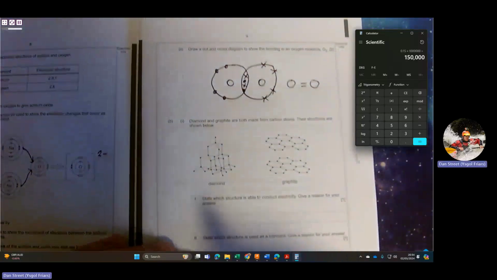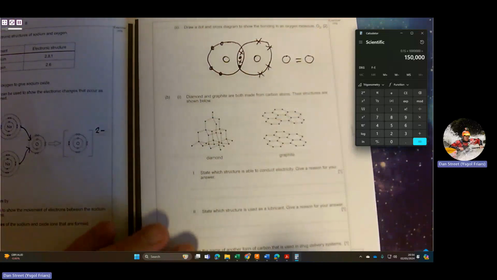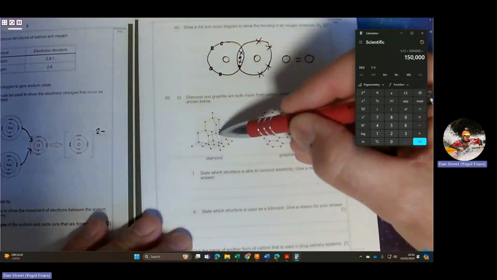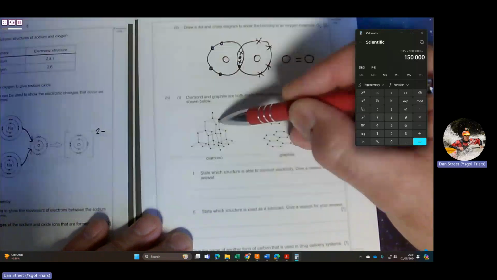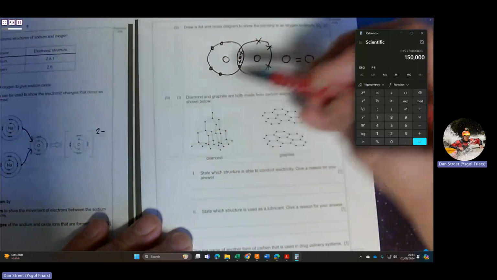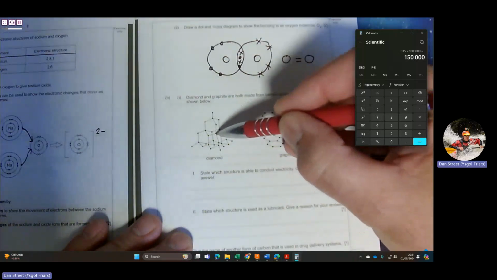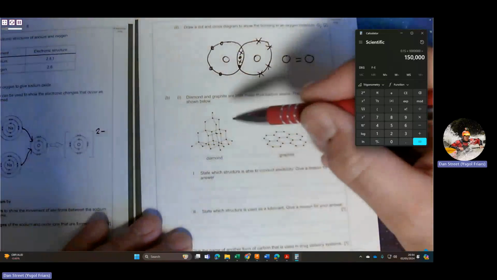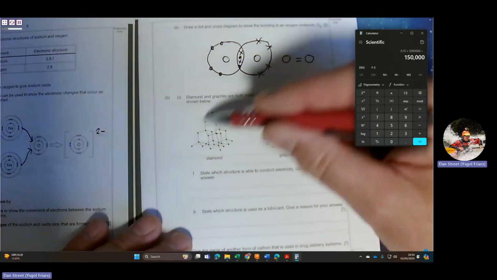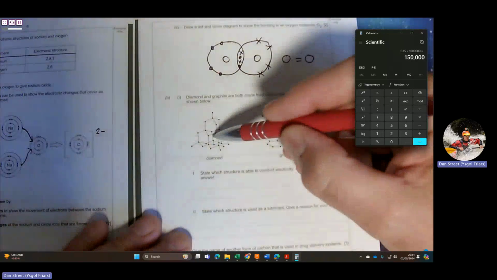Okay, moving on now. Diamond and graphite are both made from carbon atoms. Their structures are shown below. We can see in the diamond that each atom is bonded with a full covalent bond to its neighbours, and if we take one in the middle of the structure like here, we can see that each atom has got 4 bonds going to other carbon atoms, and consequently all the electrons on the outer shell of a carbon atom are involved in bonding.